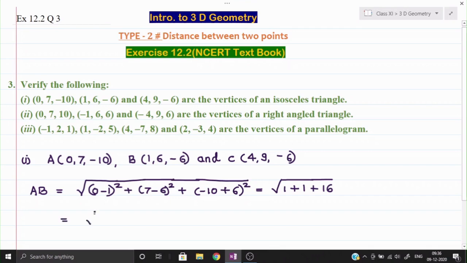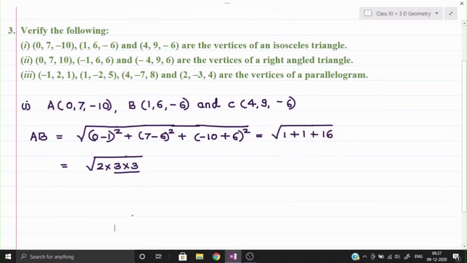Under root of 18 I can write here as 2 into 3 into 3. So pair of 3 is complete here and 3 we can take outside. So finally the value of AB will come here as 3 under root of 2, this is the first value.